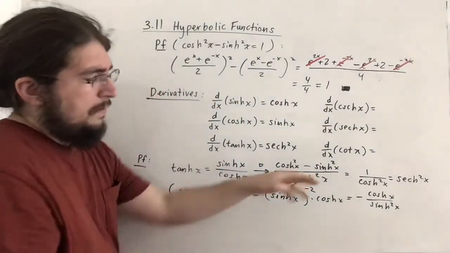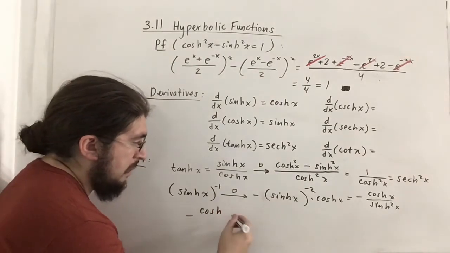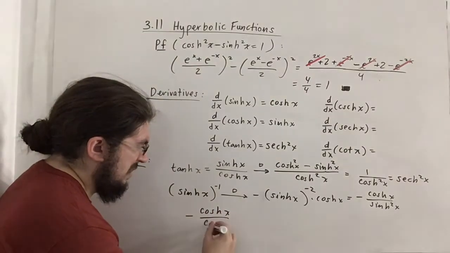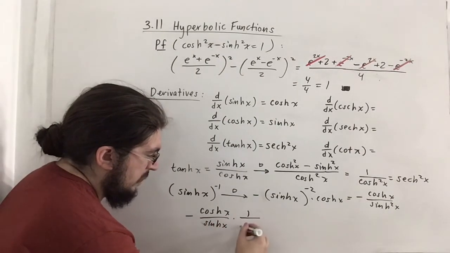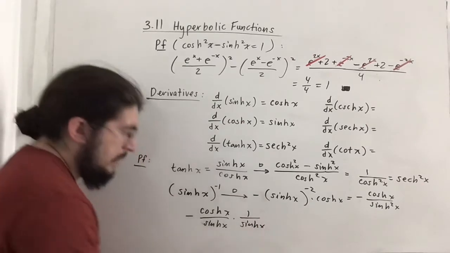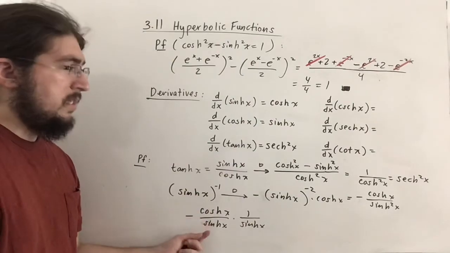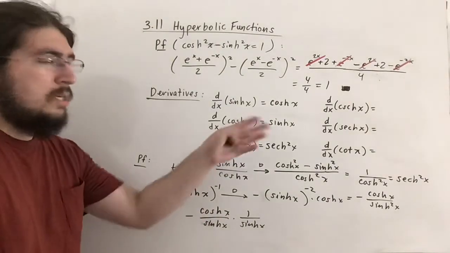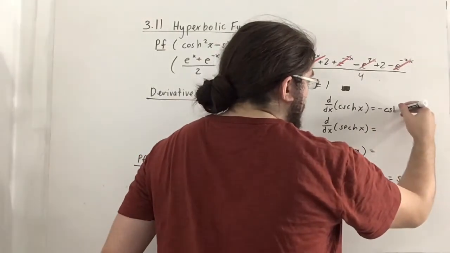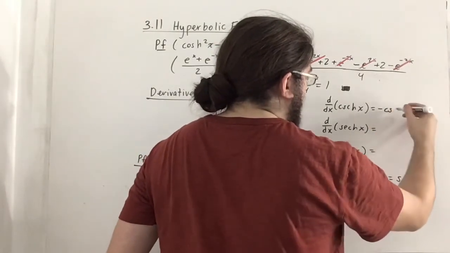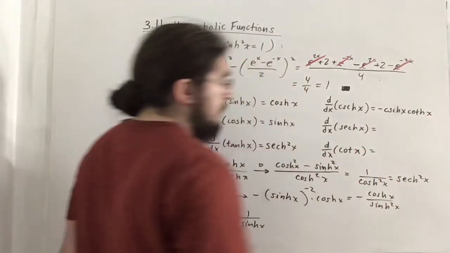In fact, if you split this up as negative cosh over sinh times 1 over sinh, like this, notice 1 over sinh is cosecant itself, and cosh over sinh is cotangent. So I'll actually write it with cosecant first. So this is indeed negative cosecant hyperbolic times hyperbolic cotangent of x.